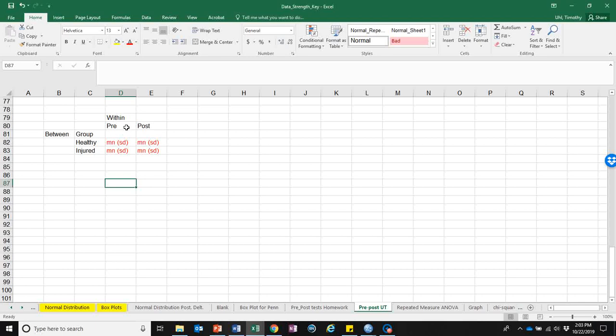So every person in both groups, both the healthy and the injured, is going to have a value and a variance at baseline, and then that same test will be repeated post-intervention after 3 weeks of training, and then they will have the same analysis performed. So you can see this line is one group of the between factors, where the other, the injured, is a separate group of people.